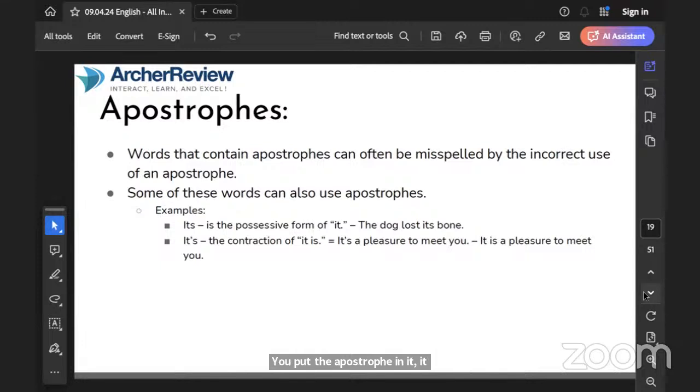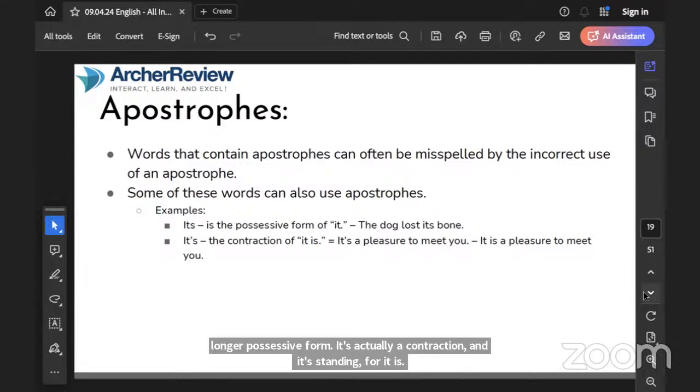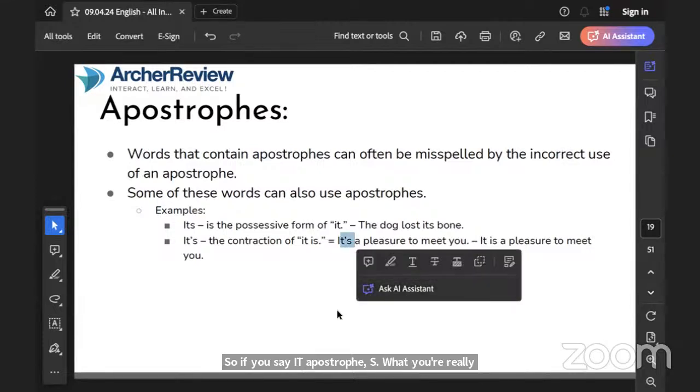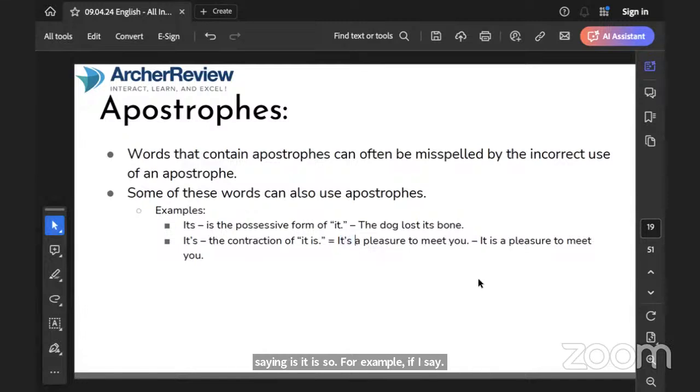It's no longer possessive. It's a contraction, and it's standing for it is. So if I say it's a pleasure to meet you, I'm actually saying it is a pleasure to meet you.